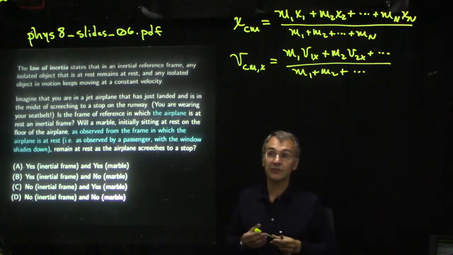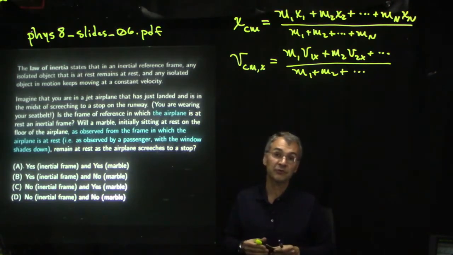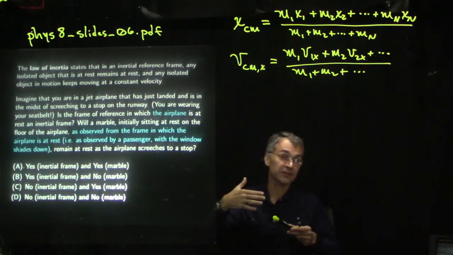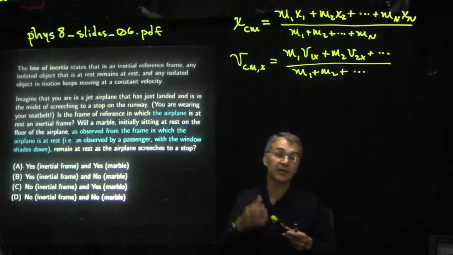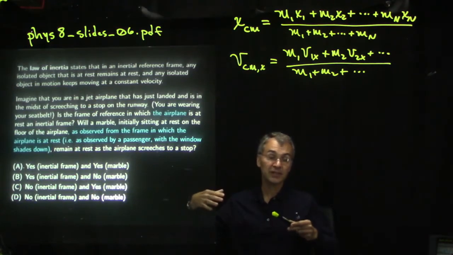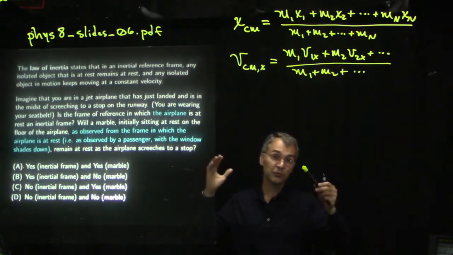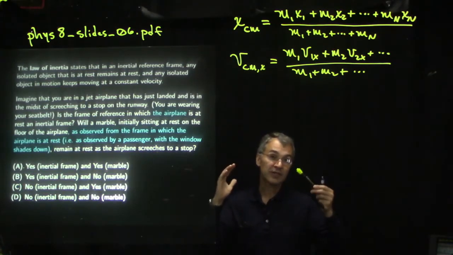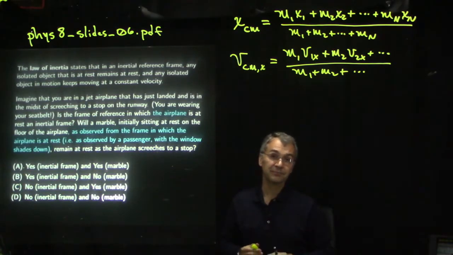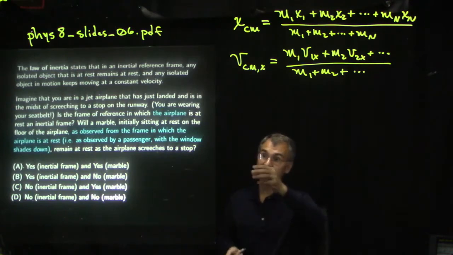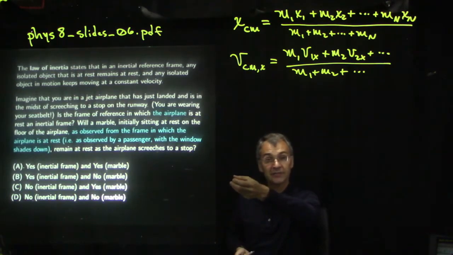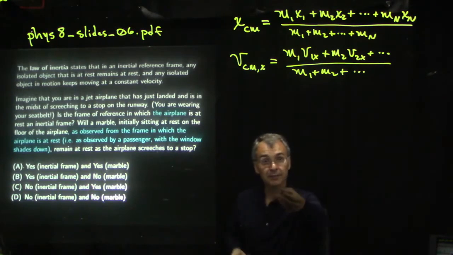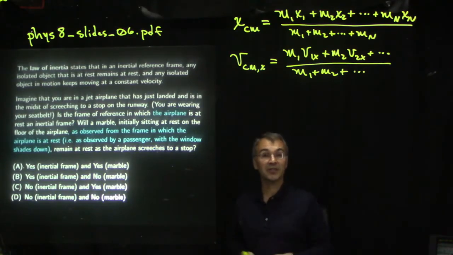It's because you're not analyzing the motion from the perspective of the ground, or something moving at constant velocity with respect to the ground. If instead you look at that situation from a camera mounted on the ground, and the walls of the airplane are transparent, then you will see that the marble just keeps doing what it was doing, but the airplane slows down underneath the marble.